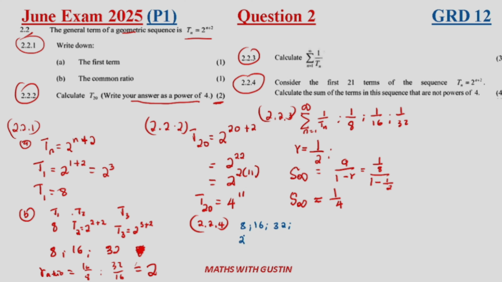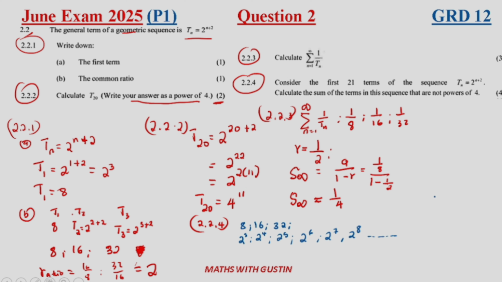So here this one was 2 to the power of 3, this one was 2 to the power of 4, 2 to the power of 5, 2 to the power of 6, 2 to the power of 7, 2 to the power of 8, etc, etc, guys, until 2 to the power of something, right?